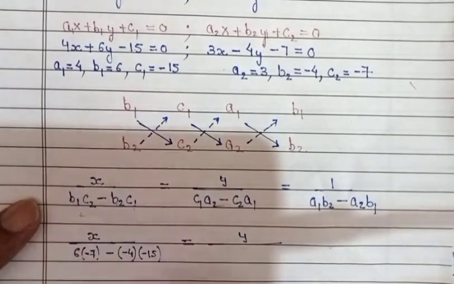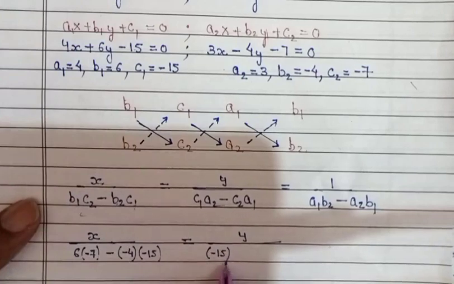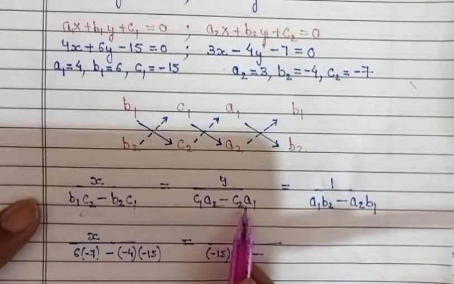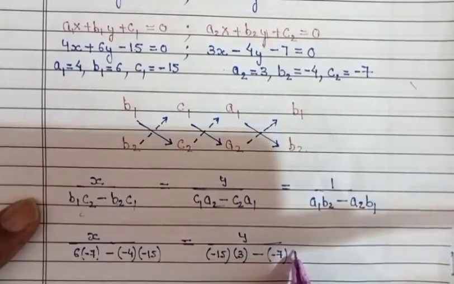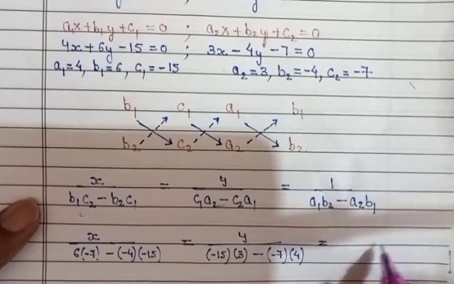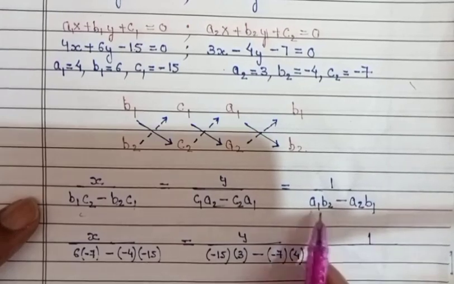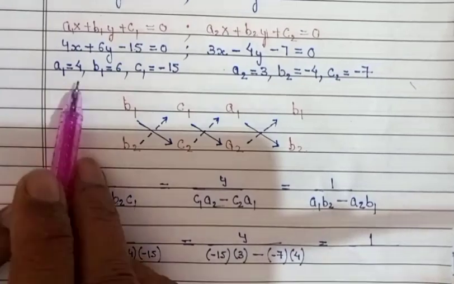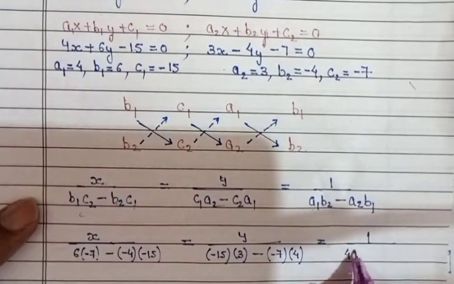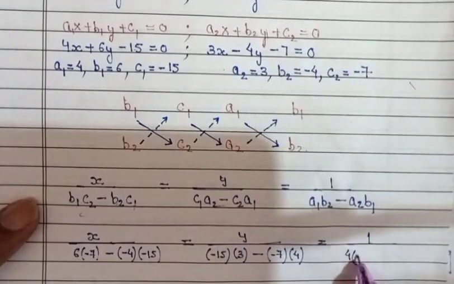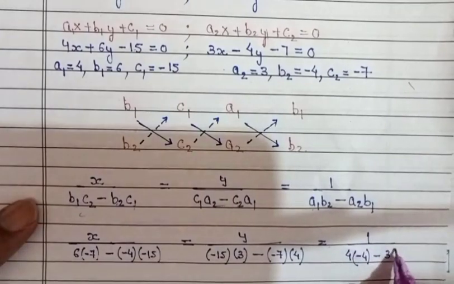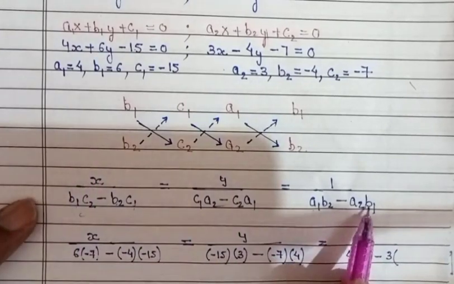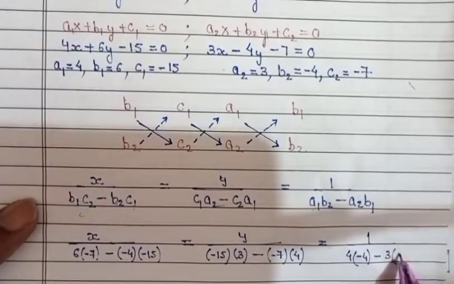So c1 is minus 15 into a2 is 3, and subtract c2 a1. c2 is minus 7, a1 is 4, is equal to 1 upon, then you have a1 b2. a1 is 4 into b2. b2 is minus 4. Then you will subtract a2 into b1. a2 is 3, b1 is 6.